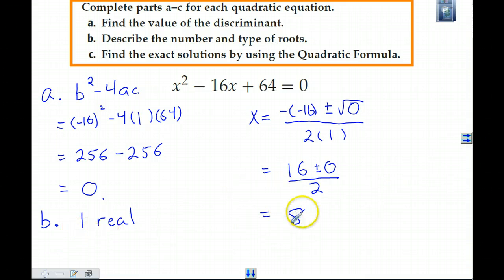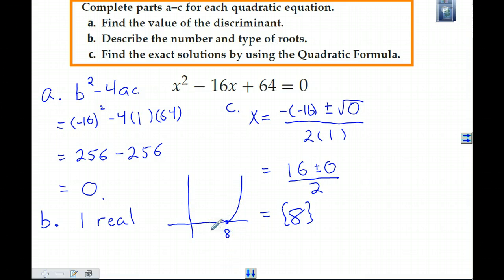So notice how our number of answers in part C should match our answers in part B. If we say we get one real in part B, we better make sure we get one real number when we actually solve it. So these need to match. Okay, so lastly, what does this mean if we did graph it? There's one answer, so it looks like this.